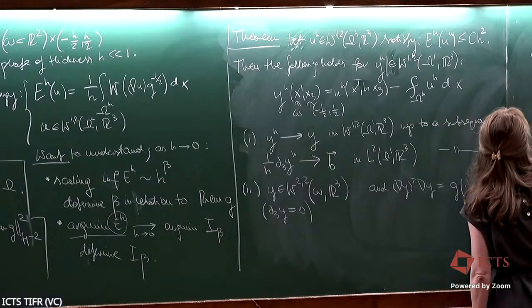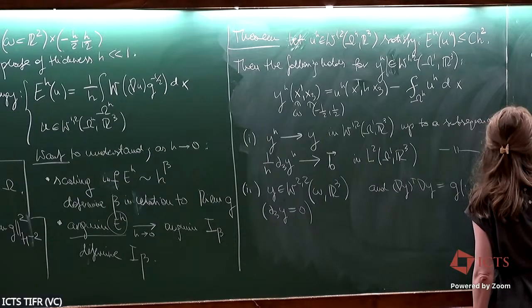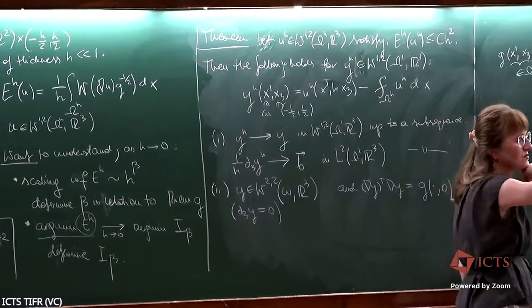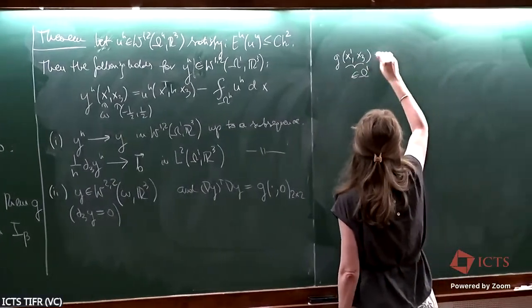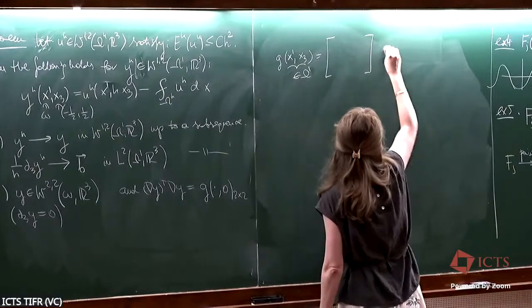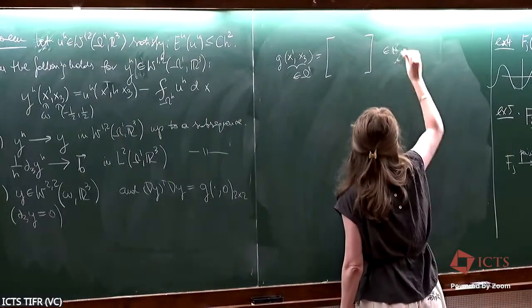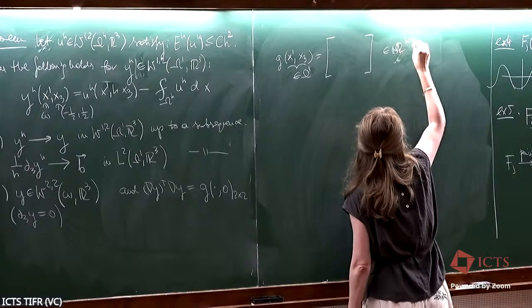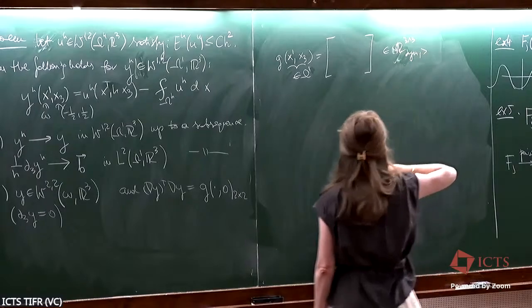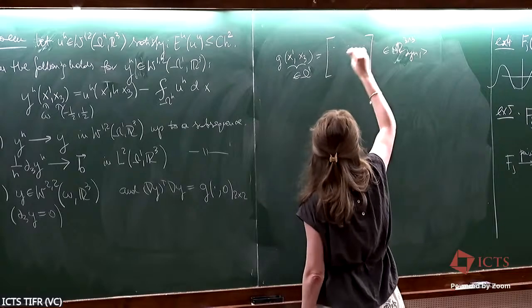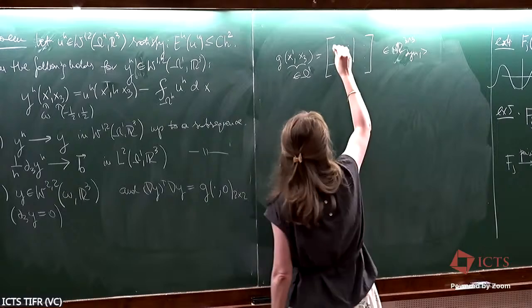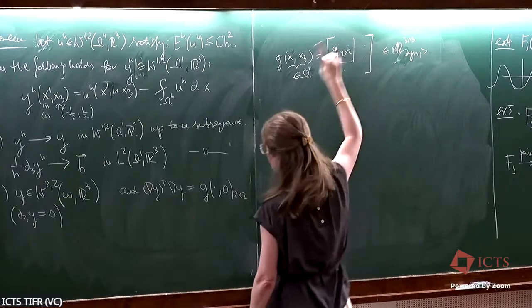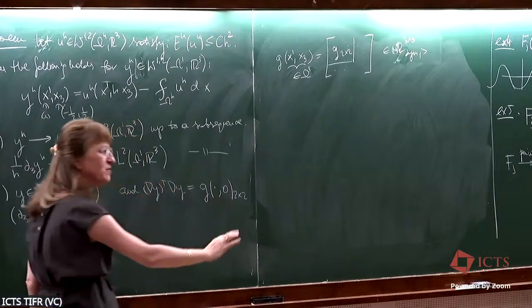G of x prime, x3, in Omega_1, is a 3 by 3 symmetric positive definite matrix. Each component depends on x prime and x3, and I'm taking the 2 by 2 minor, only checking what it does on the midplane.